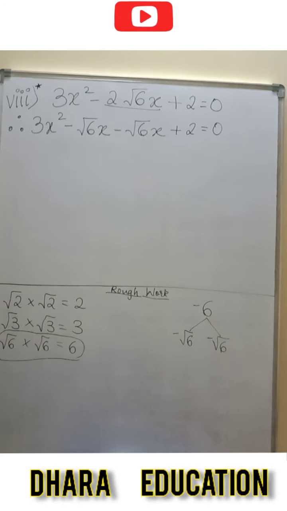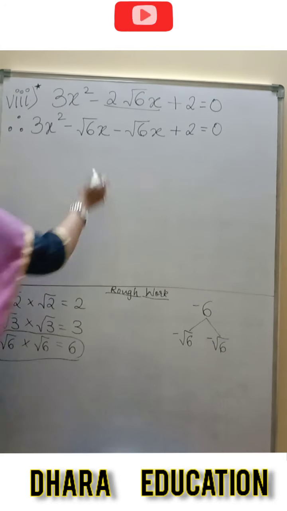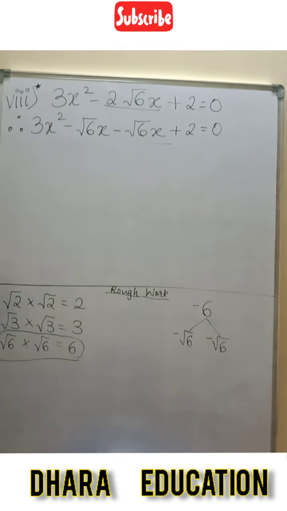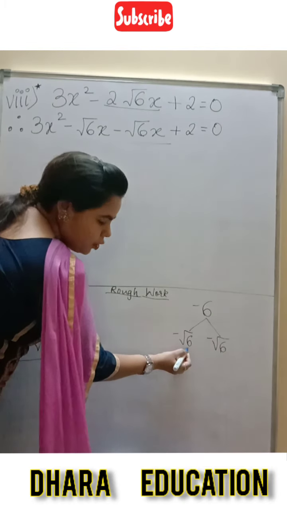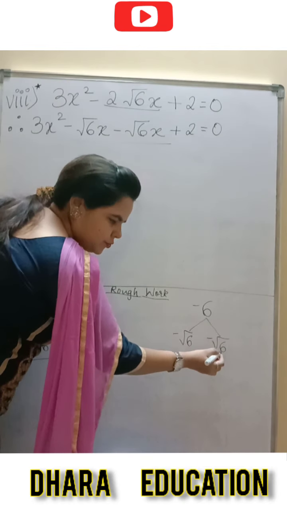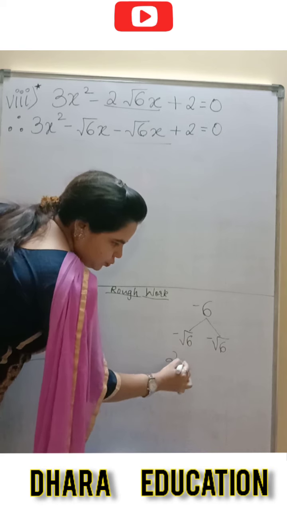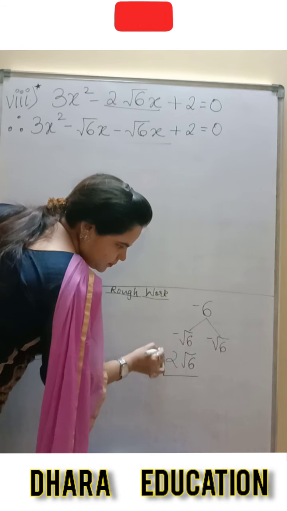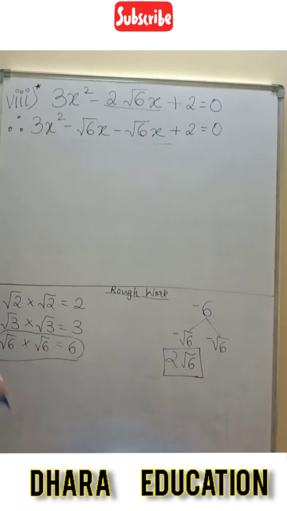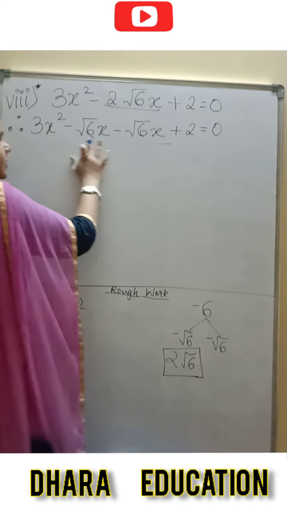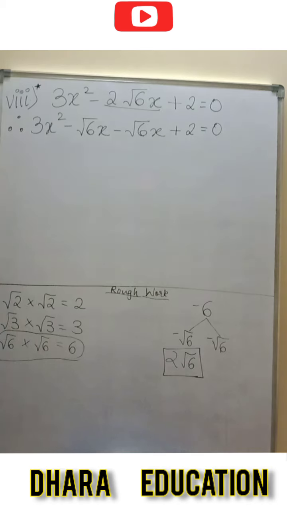Am I clear? So now I will let you know why I have taken this. 1 root 6 and another 1 root 6 gives you 2 root 6. This is actually the main funda of this sum, and that is the only reason we have taken it this way.